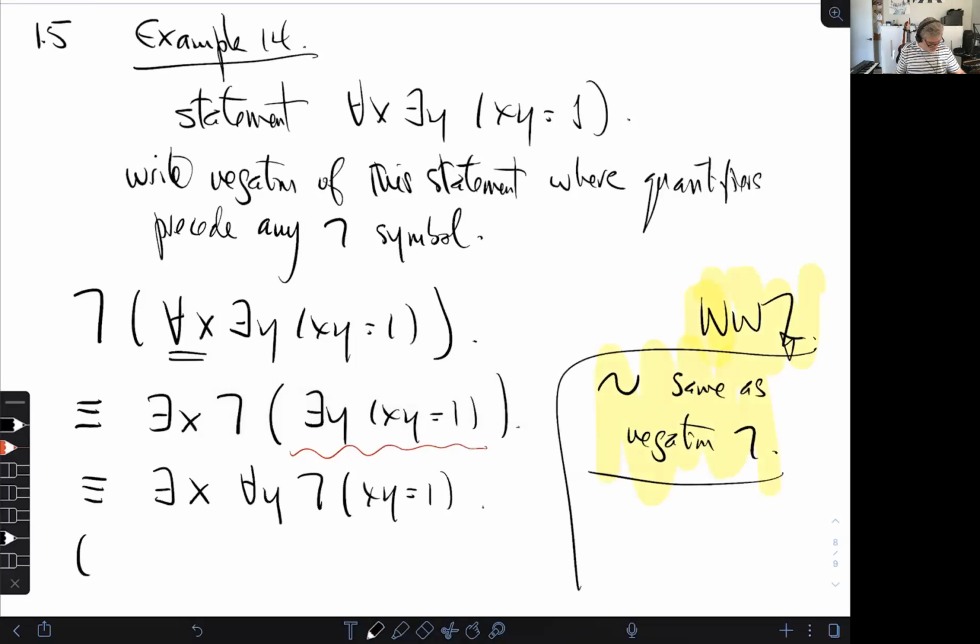You could also rewrite it this way, because we have a special symbol for that. That's maybe a little easier to write, but formally the previous one is the right one. You can do it mechanically, but to make sure you're not messing up, you can interpret at each step what's going on.